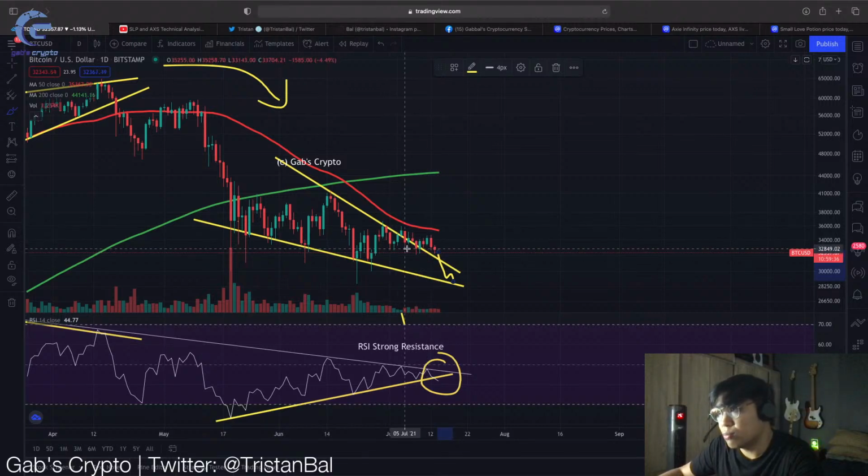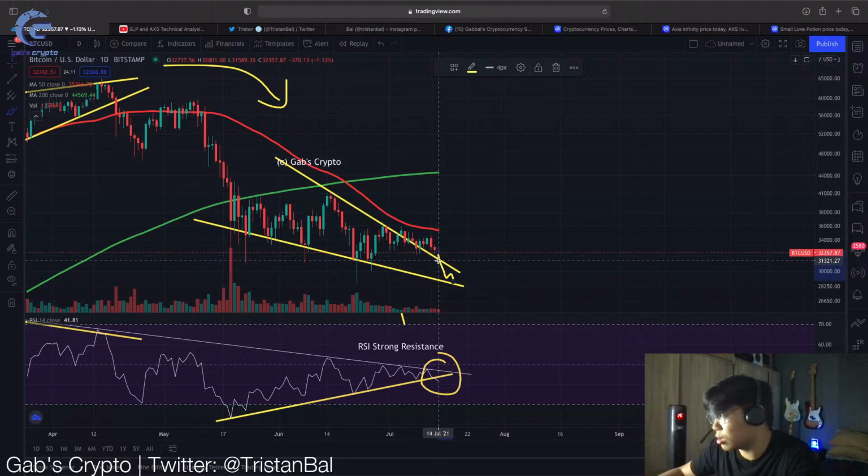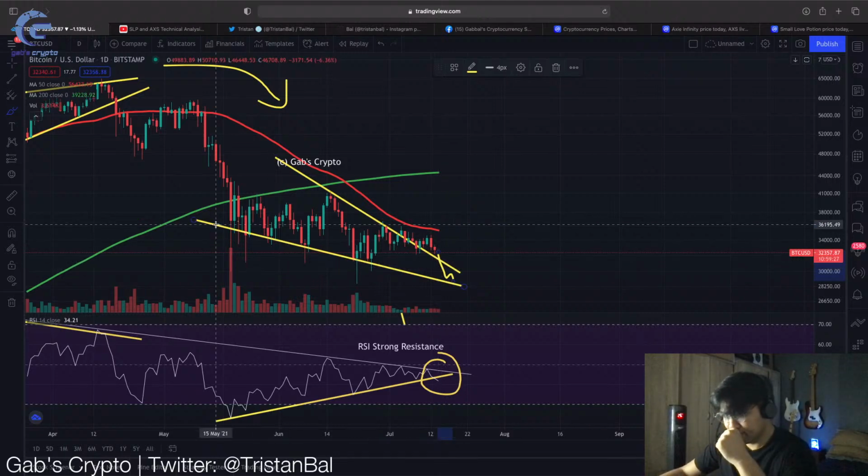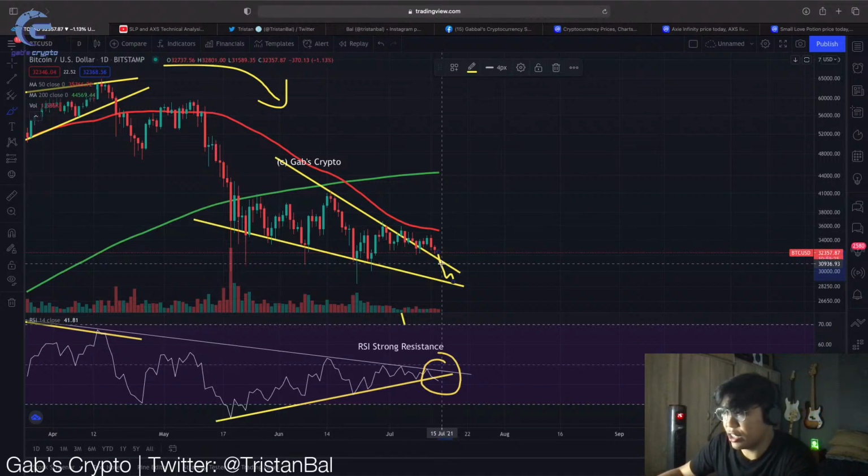Pero ito yung isang previous resistance na nag-act as support. Ang current support niya actually is 31.3K. So 31.3K yung current support natin, and then pag na-break natin yon, 28.7K yung next support.